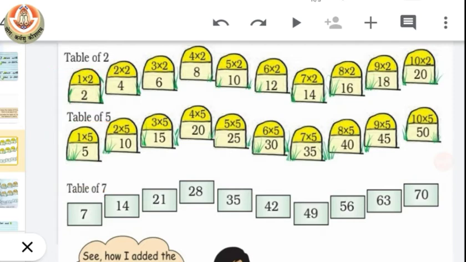Similarly, 2 multiplied by 2 gives 4. 5 multiplied by 2 gives 10. And we add them, we will have 14, which equals 7 multiplied by 2.